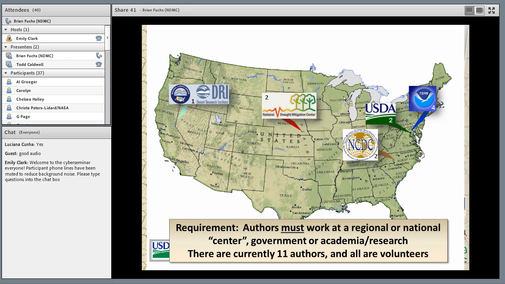And again, there's 11 authors, and we're all volunteers. This isn't something that you get hired on to do, but we do this in accordance to the directives associated with the Drought Monitor, but we also do this while doing our regular job, so to speak.